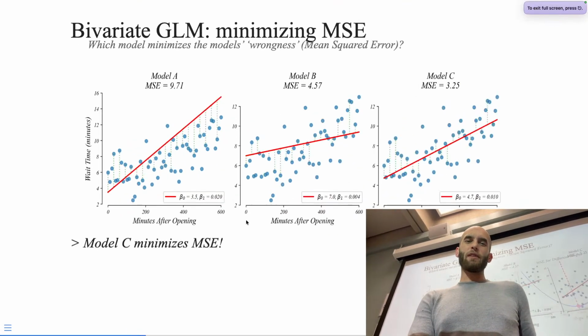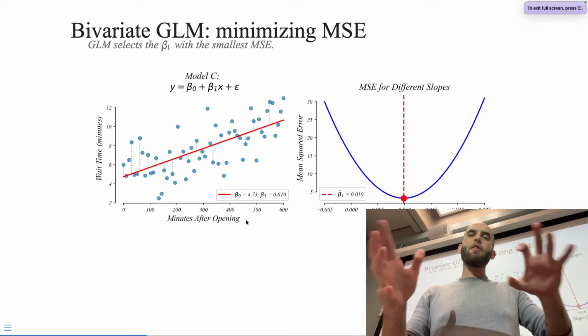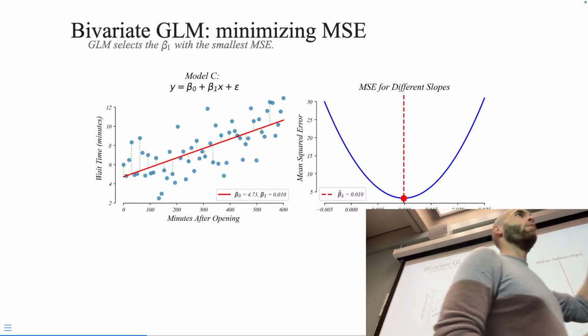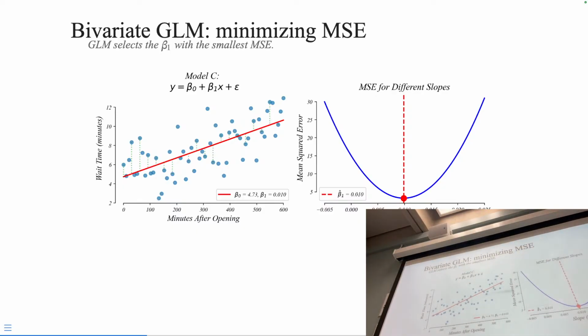Okay, so Model C minimizes mean squared error. The picture I want you to hold in your head is identical to the one we had from last class, where we were moving around the intercept. But in this case, we're moving both the intercept and the slope.